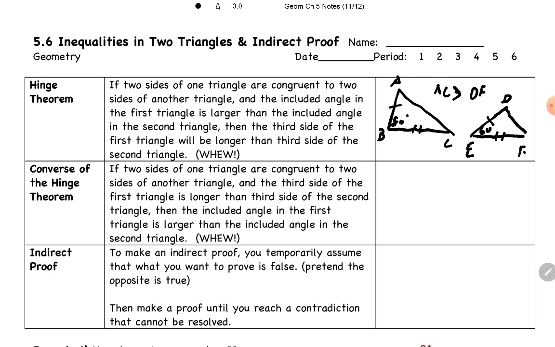And it's called the hinge theorem because if you open a door, so we have the door here, and here's the doorway, and then we open the door like this. The door is still the same size and same as the doorway, right?